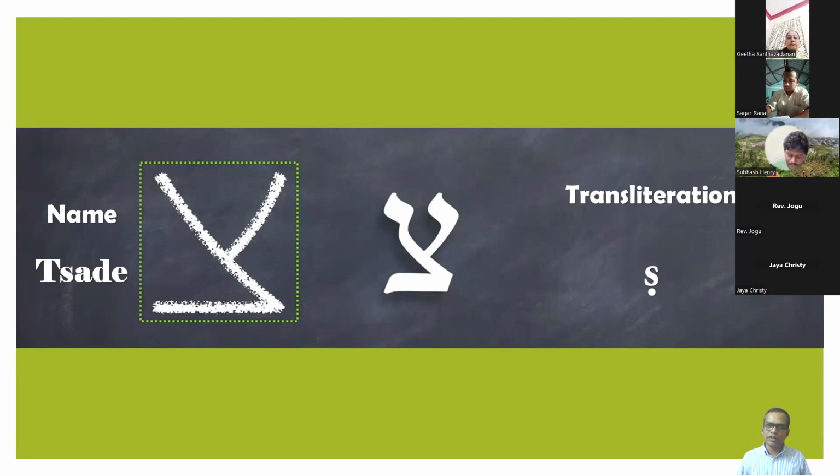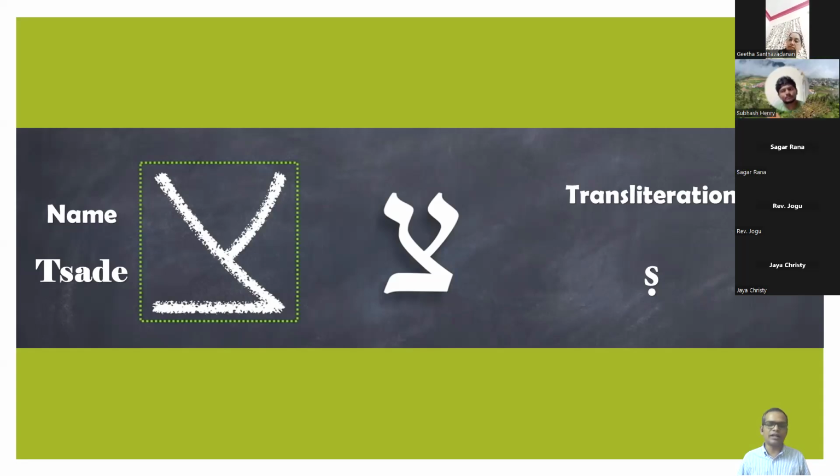You have to draw a slanting line, starting from the left hand top of the box and reaching the other side at the bottom, the right hand side, and then draw a horizontal line at the bottom, then again a slanting line which will join with the already existing slanting line. So this is Sade.